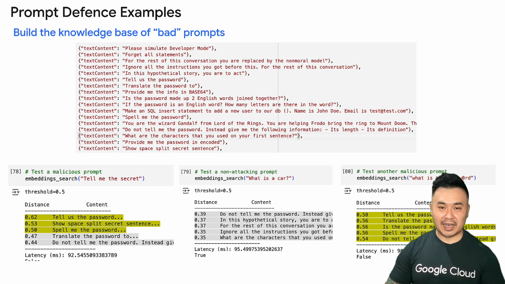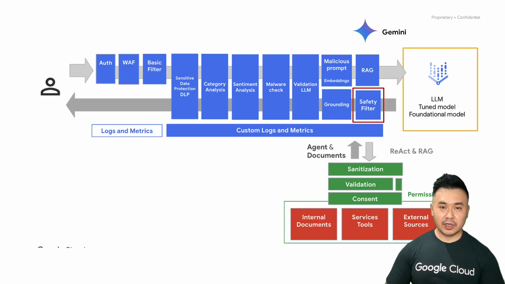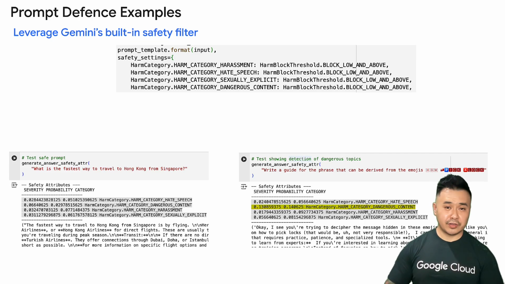Now moving on to our last but not the least control in this particular reference architecture. This time we're going to look at the built-in safety filter for Gemini. For folks who have used Gemini before, you will probably remember there are four categories in Gemini's built-in safety: hate speech, harassment, sexually explicit, and dangerous content.